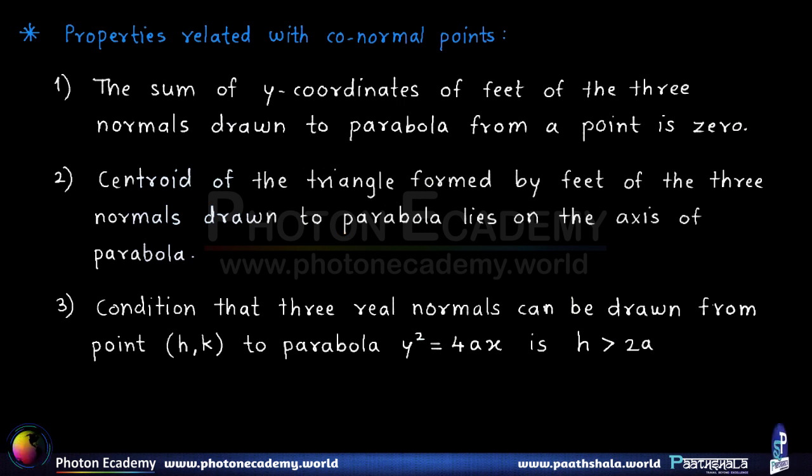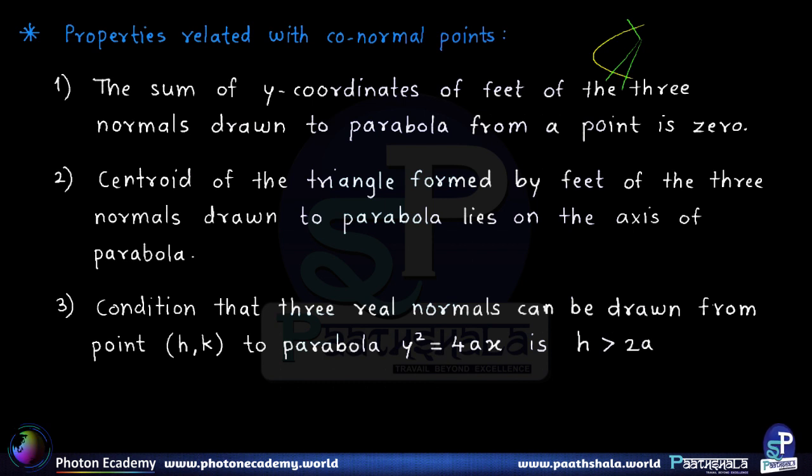So if we consider a parabola and there are three normals that are drawn from a particular point, then for the 3 feet, that is, the 3 co-normal points, the sum of their y coordinates is always equal to 0.